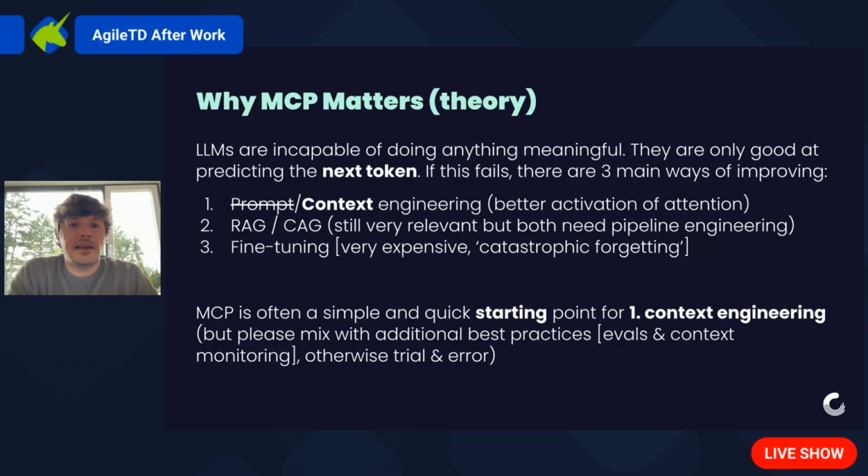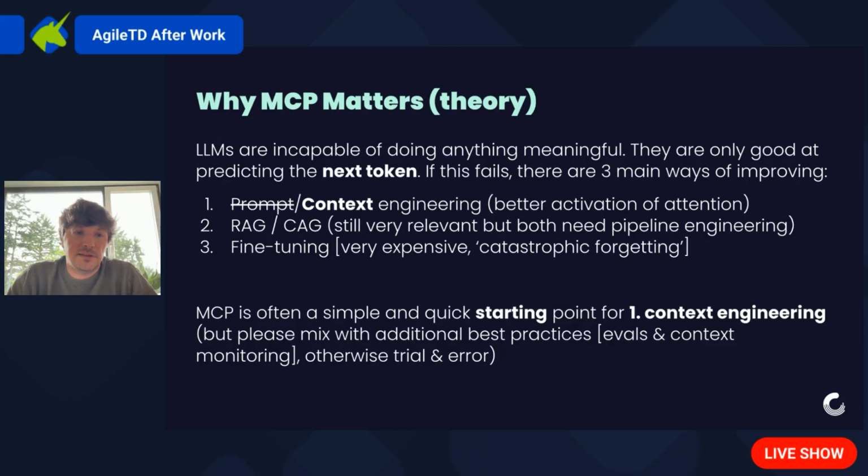And the easiest way to improve the answers of your agent is through the following three methods. Previously, the best one was called prompt engineering, and now everyone agrees that context engineering is the better word. And it helps to find a better activation of the attention mechanisms.